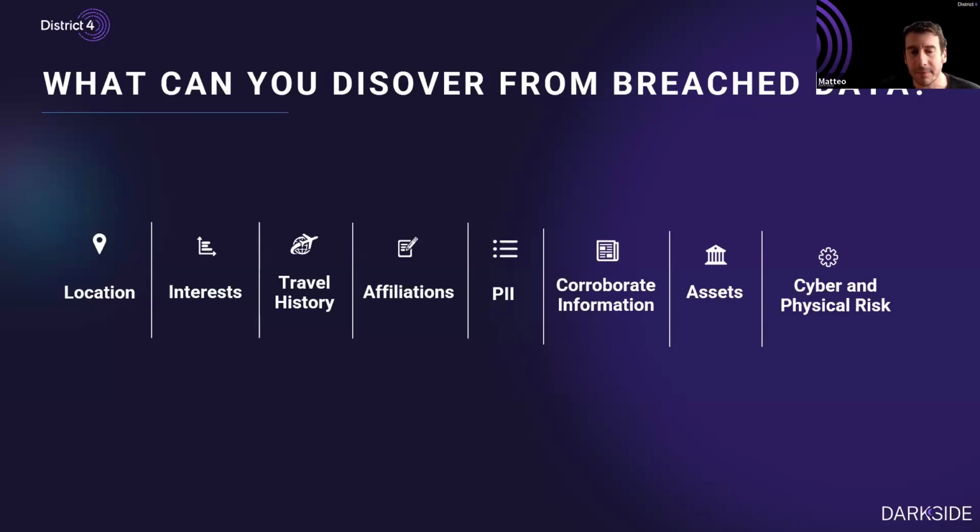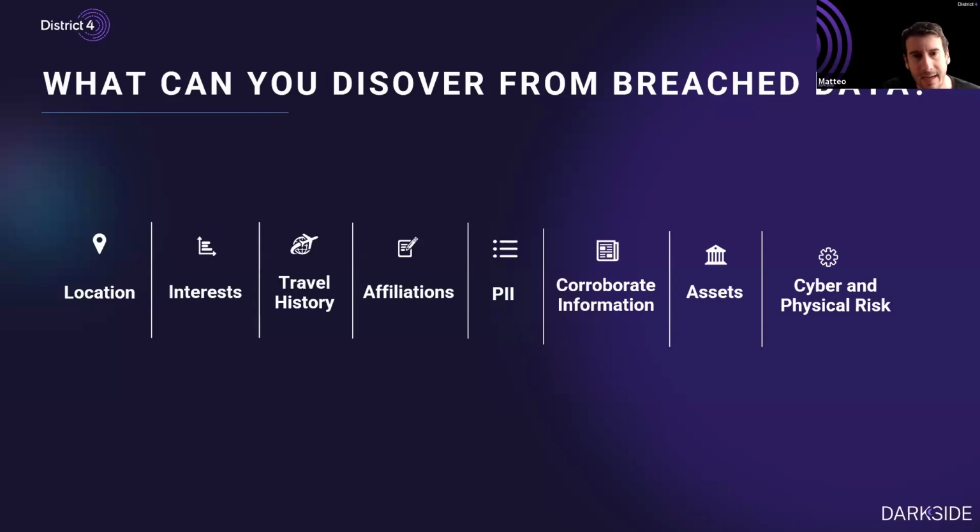Or, if they're part of a breach of boatowners.com, you can assume that they have a boat. Or, there have been private airline records compromised with tail numbers, so you can learn whether certain executives have an aircraft. And then, of course, cyber and physical risks, right?